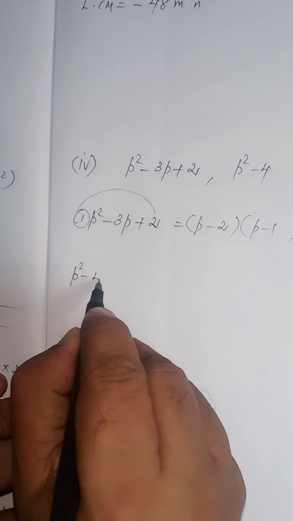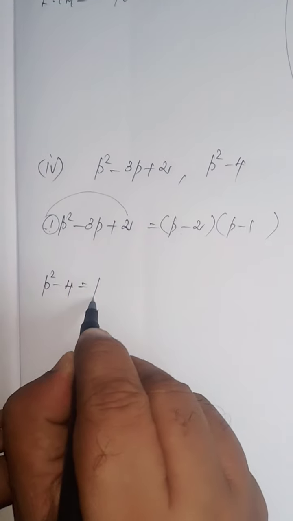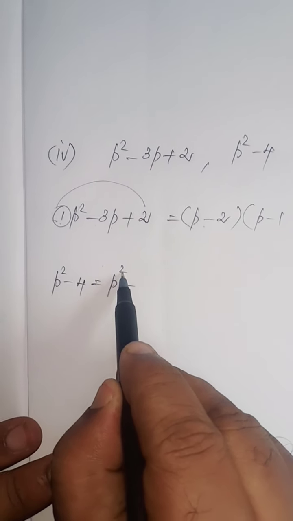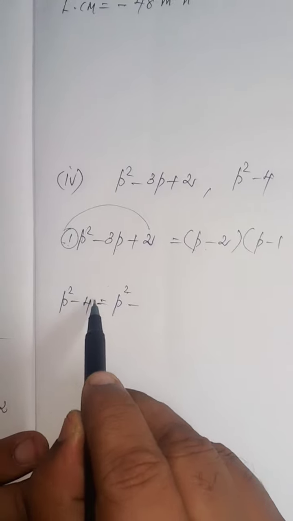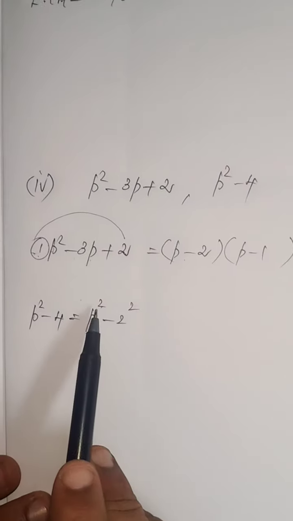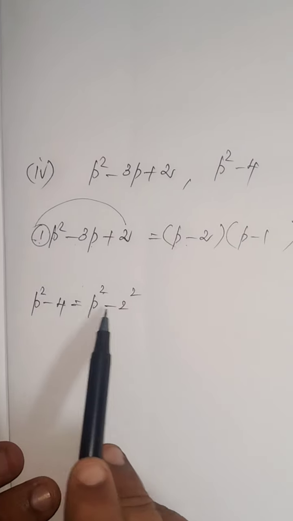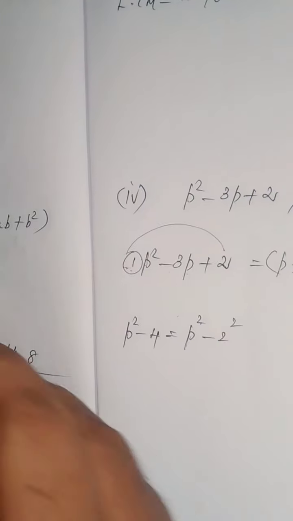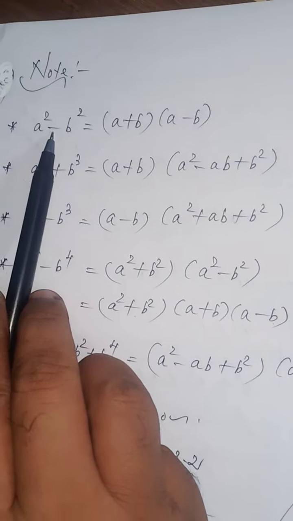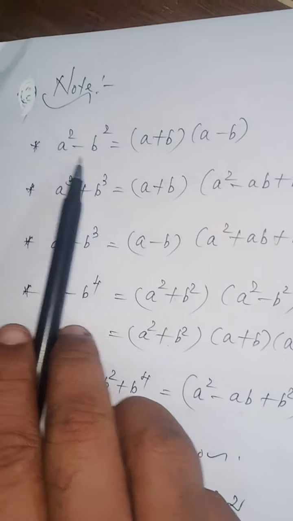P squared minus 4. Listen carefully. Since we have the power 2, the 4 itself can be written as 2 square. Here power 2, here power 2, in between what sign? Minus. Now look at the identity. So definitely you have to apply this identity.